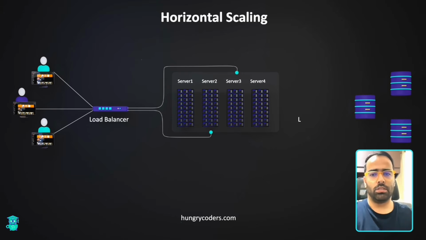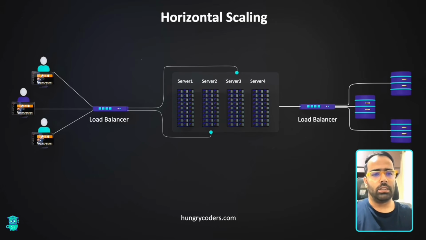So here also we can add a load balancer, and then here we will add the database layer, which will look something like this. The load balancer will send requests to any of the databases. Again, it can have algorithms, the same way we discussed above. So now the design will look like this.